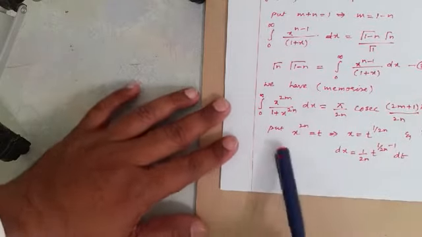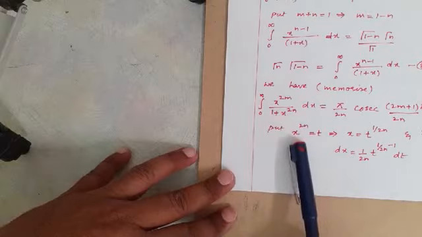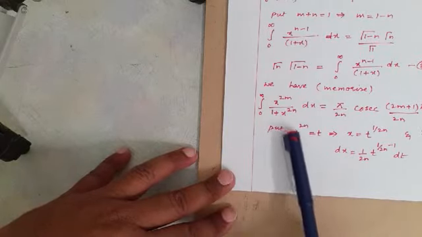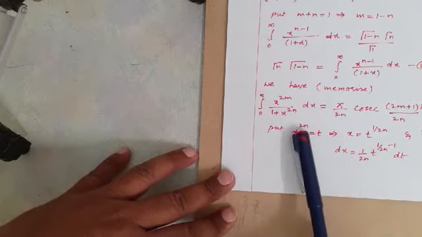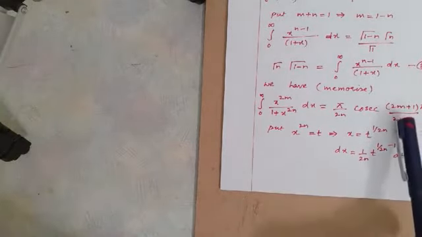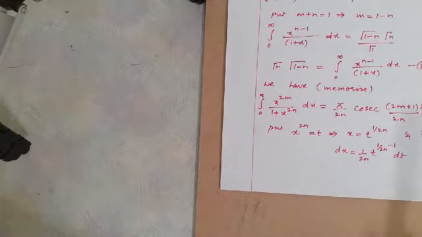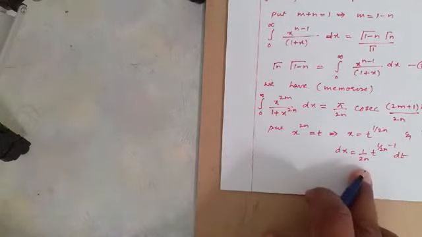Now what we are doing, here we have x power 2n, right? So we are taking x power 2n is equal to t, so that x becomes, here this 2n goes to the other side, that becomes t power 1 by 2n, and then this 2m plus 1 by 2n I am taking as s, and then I am differentiating x so that it becomes this one.